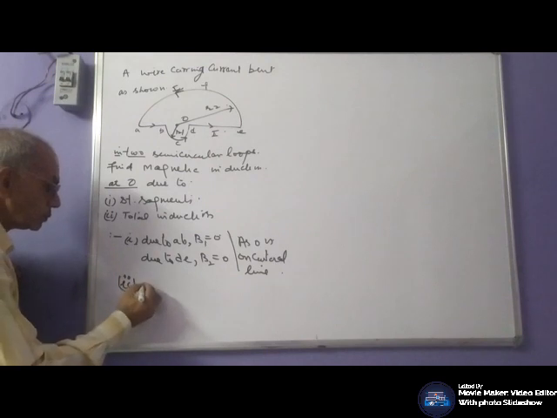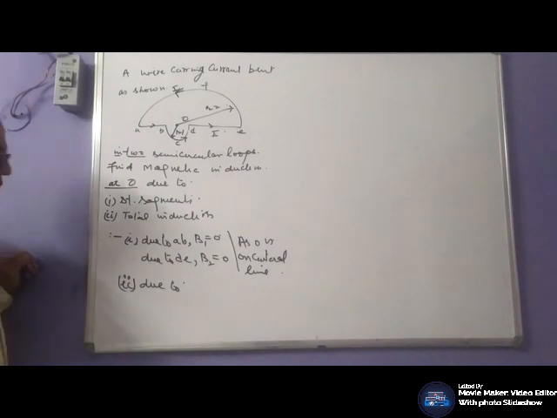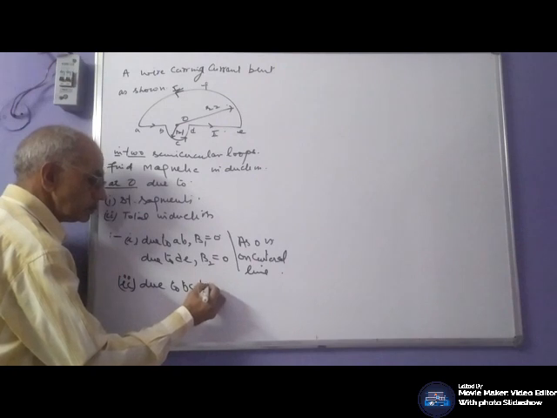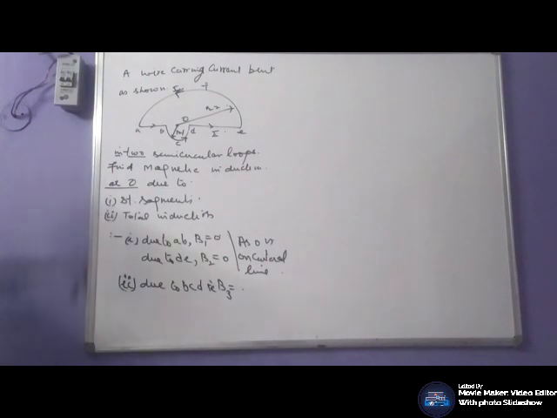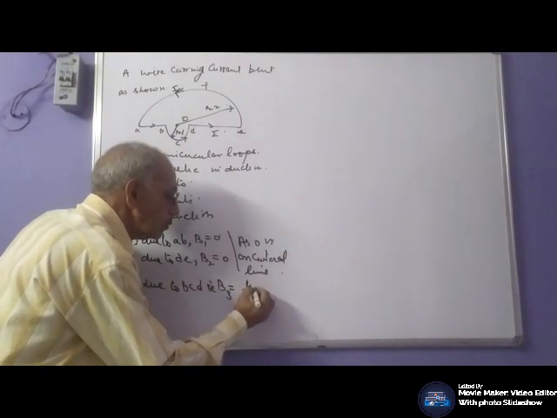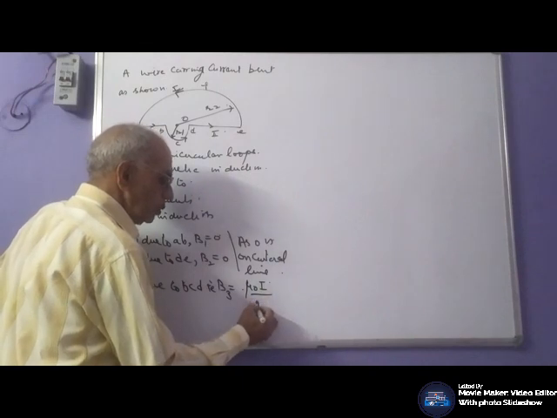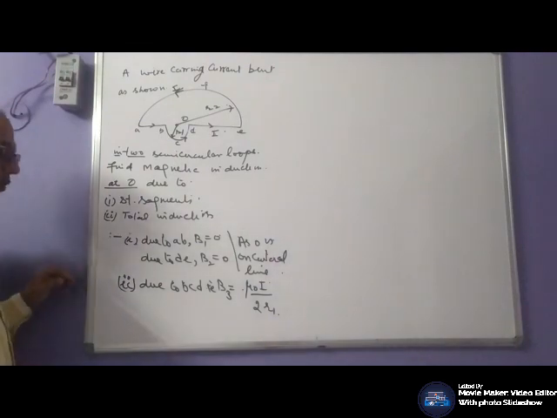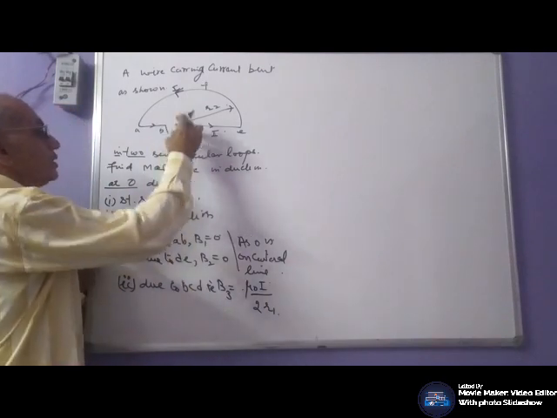Second, due to BCD, that is B3. For a circle it is mu naught I by 2R1 at the center of a current loop, and this is half.